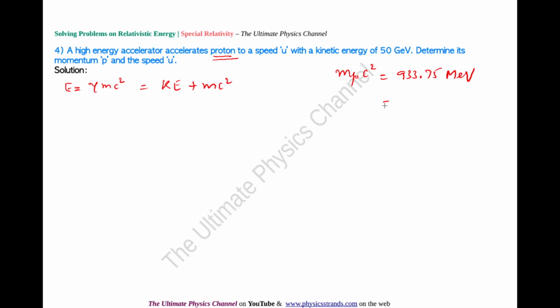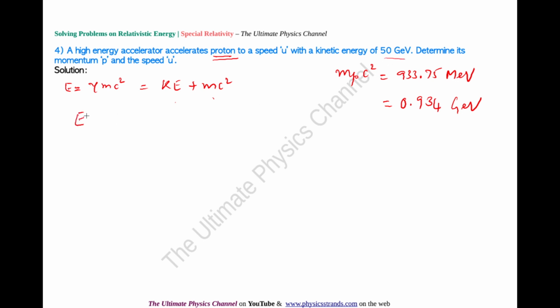So we can write this in GeV as 0.933, or maybe 0.934, I'm rounding it off here, GeV. And then here we can substitute this number, and K is 50, given.